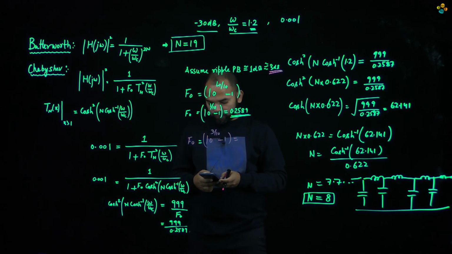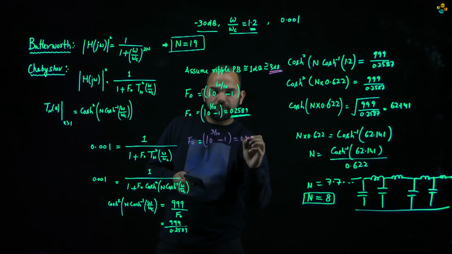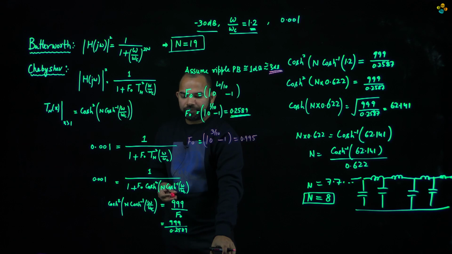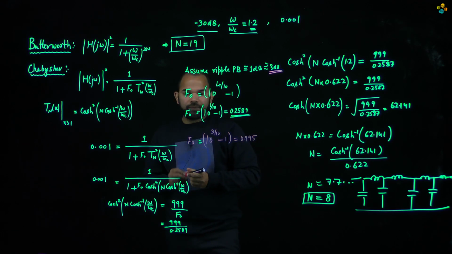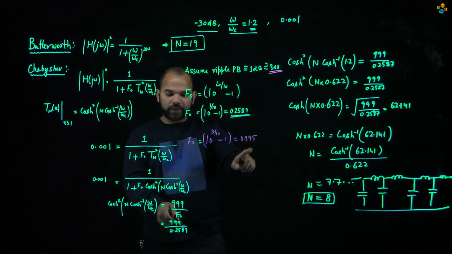So this value will become 0.995. Okay, so what we have done with this f0, we have divided this value here.